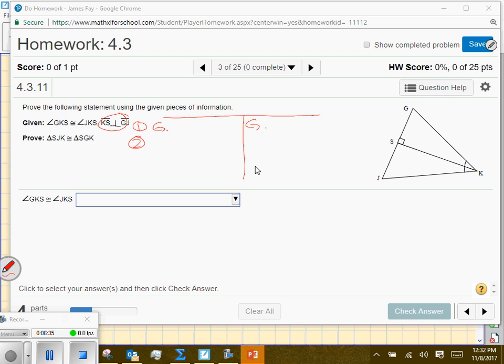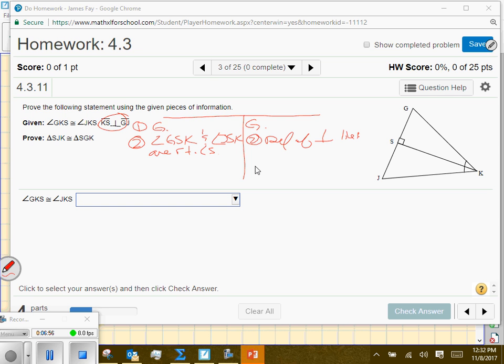What is created by perpendicular lines? Right angles. So let's talk about angle GSK and angle JSK. We would say they are right angles. The reason would be definition of perpendicular lines, right?